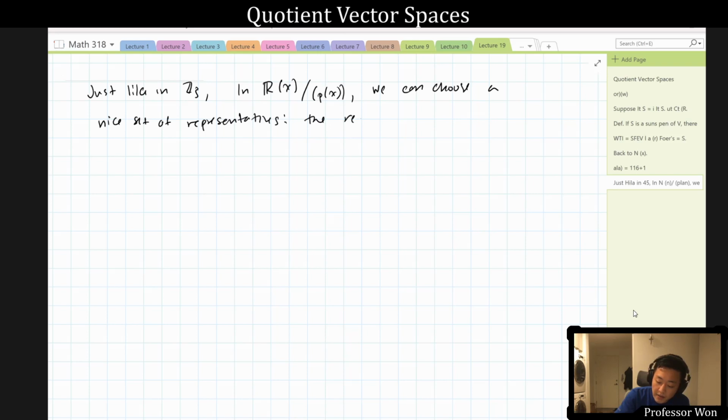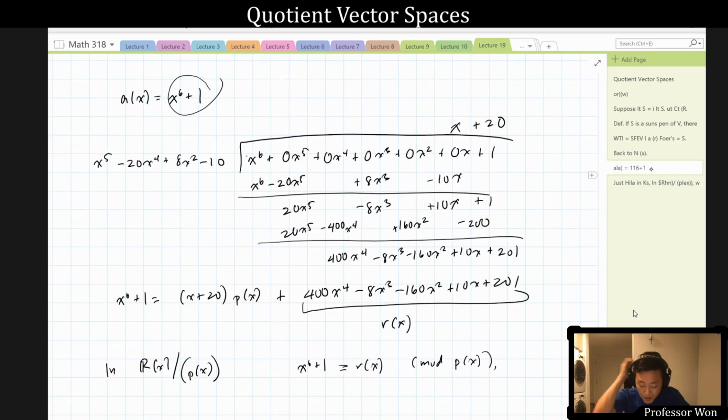The remainders after division, after long division. Okay. Of course, when you divide an integer by 5, it's very easy to see what the remainders are. Right? The remainders are 0, 1, 2, 3, 4.